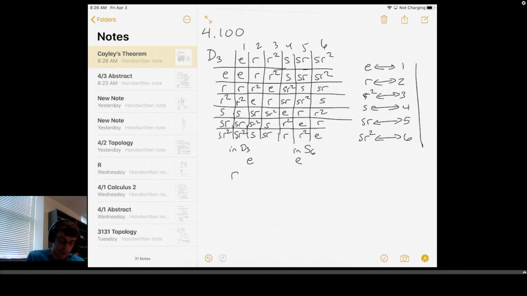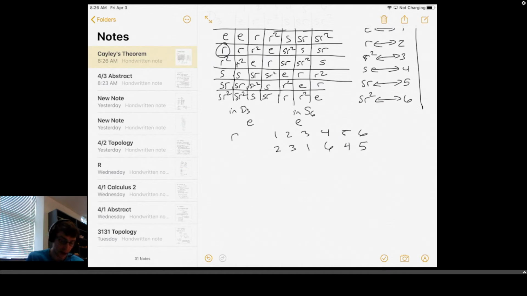But then what does R do? So R is 2, right? And so, if I left multiply by R, what am I doing to my original order? I have turned 1, 2, 3, 4, 5, 6 into R, R squared, E, and then SR squared, S, SR. So if I want to write this in cycle notation, what has happened? 1 went to 2, 2 went to 3, 3 went back to 1.